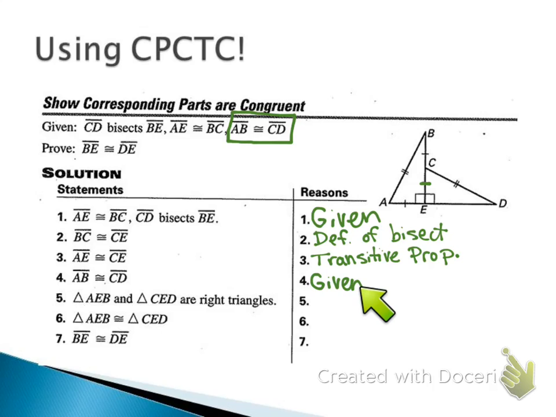The next thing says that these are right triangles. How do I know that they're right triangles? What makes these right triangles? Yeah, they have this little square.